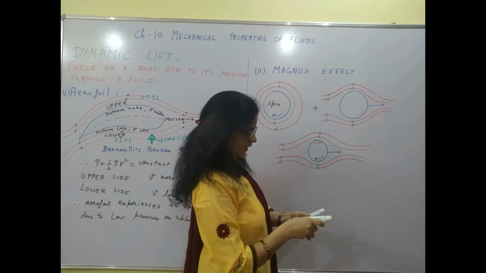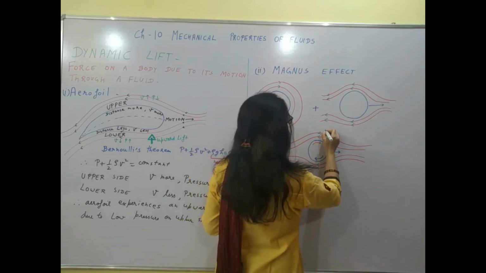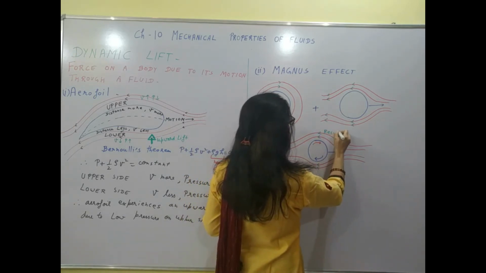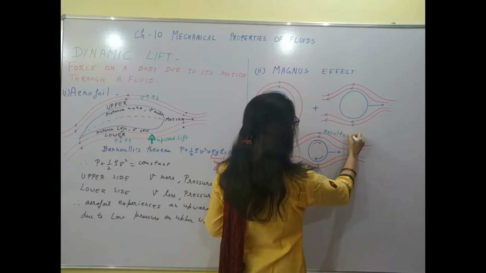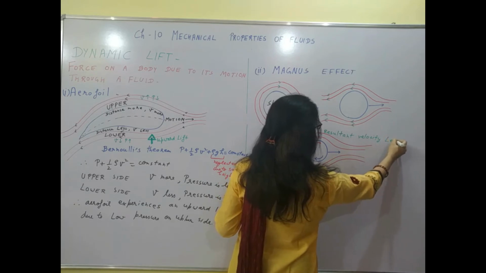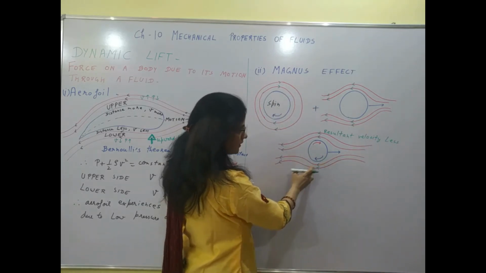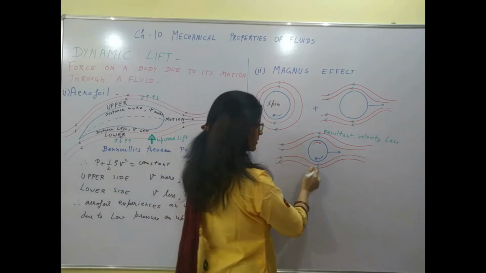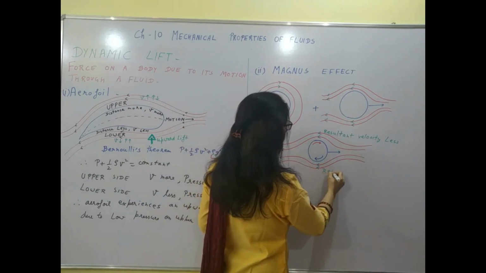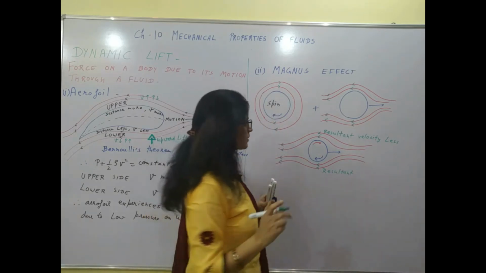So we can say that the resultant velocity will be less. And here the sense of spinning of the ball and the layers is this way only, same side. So you can say that the resultant velocity is more.